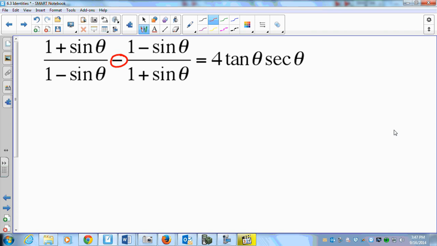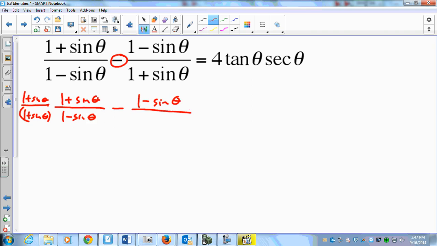So I'm going to have 1 plus sine of theta over 1 minus sine of theta. I'm going to multiply this by 1 plus sine of theta over 1 plus sine of theta. That's my 1. And it's going to be minus 1 minus sine of theta over 1 plus sine of theta.